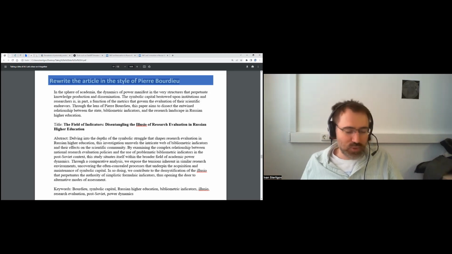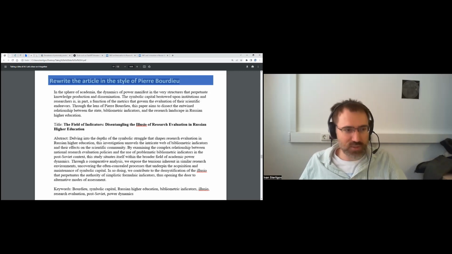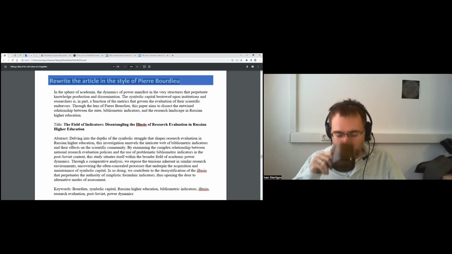I think it worked rather well because Pierre Bourdieu has also worked in science and technology studies himself. And his terminology, like symbolic capital, is one of the lenses through which we can look at bibliometrics and research policy.